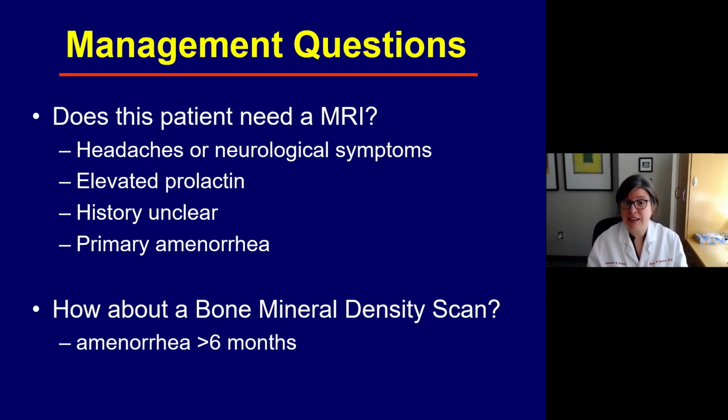If the history is unclear, they don't exercise excessively, they have not had a very low-fat diet, they don't have excessive psychological stress, then you do want to get an MRI on those patients. All patients with primary amenorrhea, because there is a significant chance that these patients may have a pituitary or hypothalamic tumor.